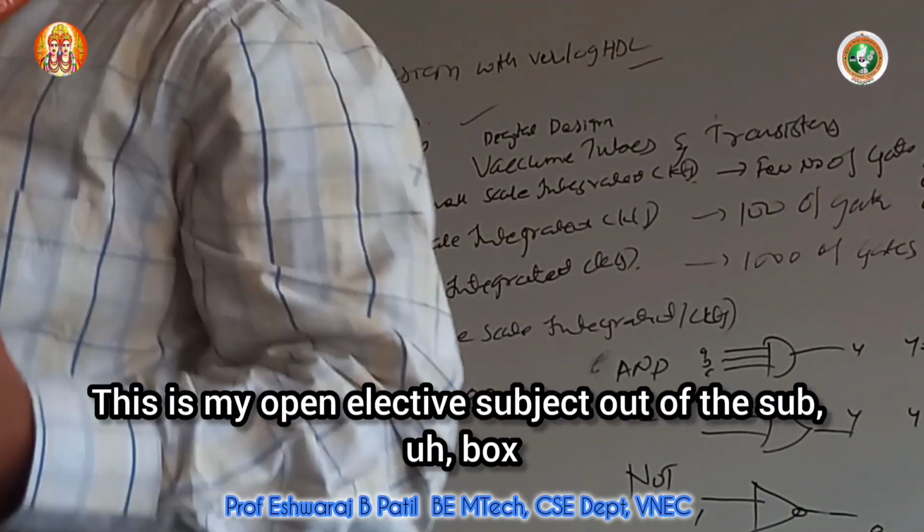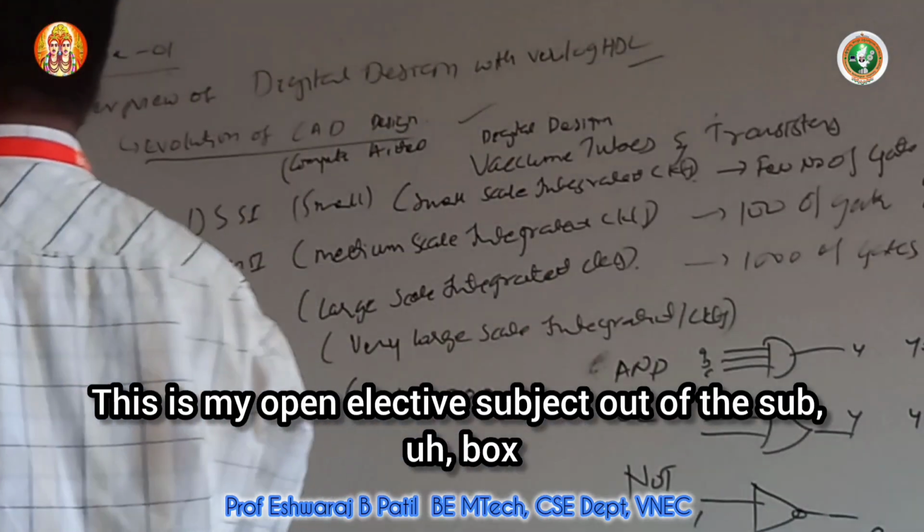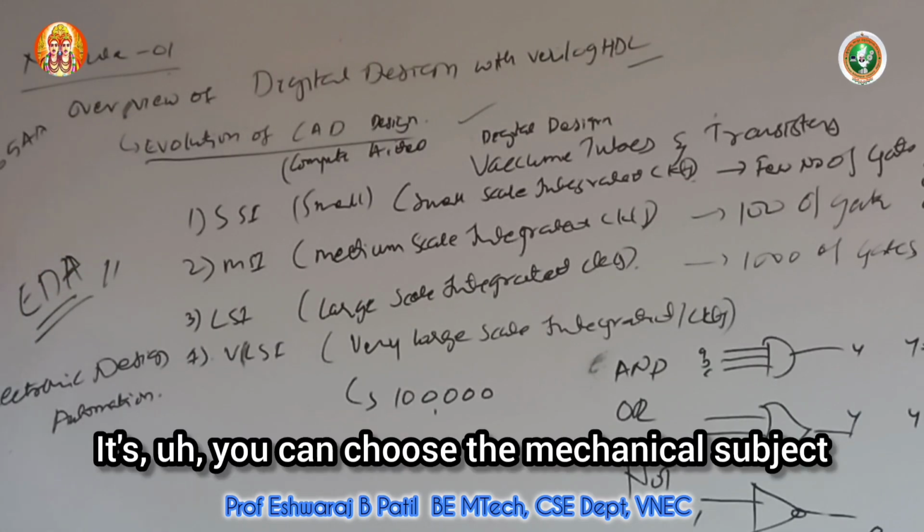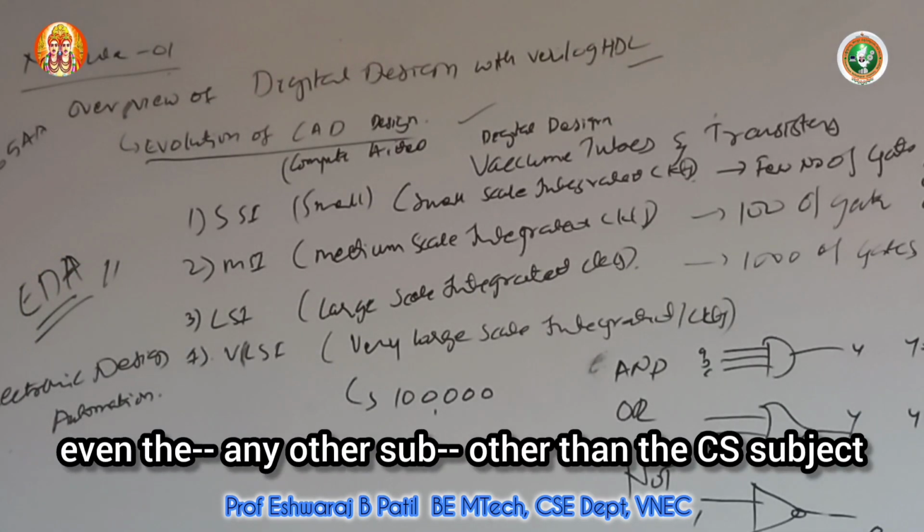The open elective is out of your departmental subjects. You can choose a mechanical subject, or any subject other than the CS subject.